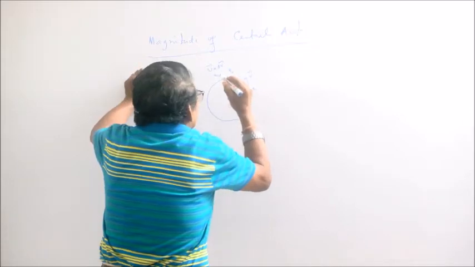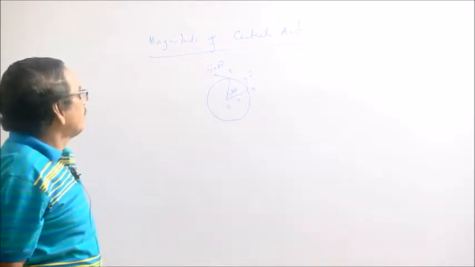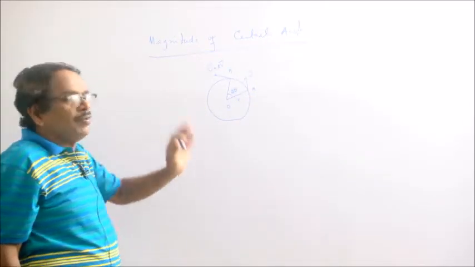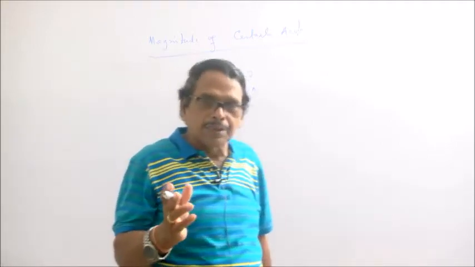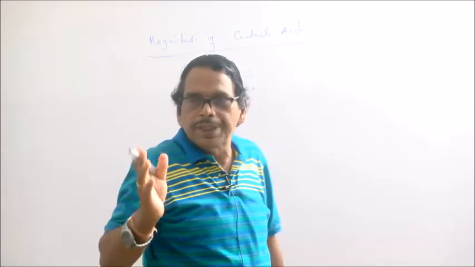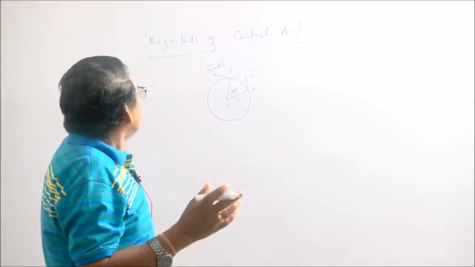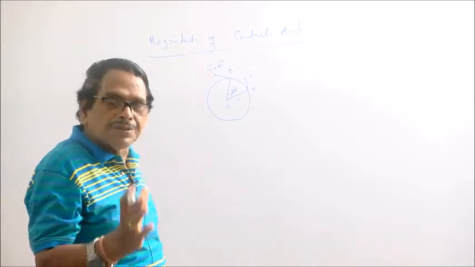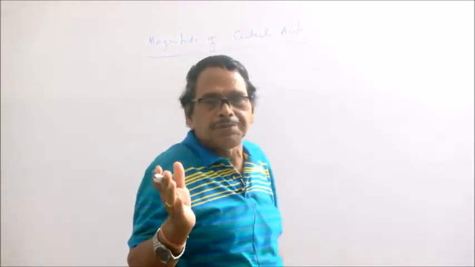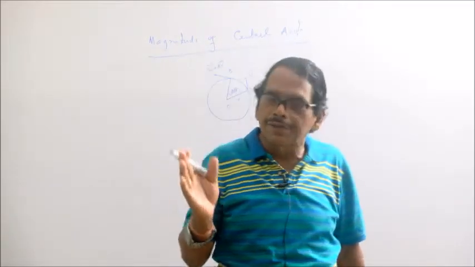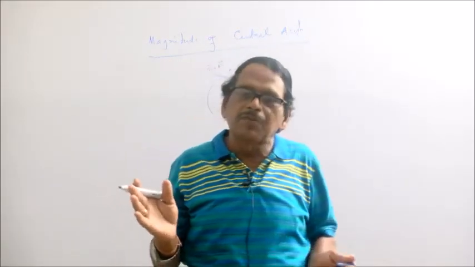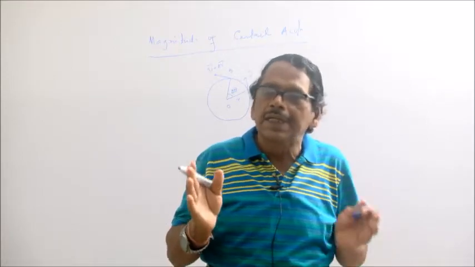The radius of the circular path is R. So, the body is moving over a circular path with center O and radius R. The velocity of the body at A is V, and at B it is V plus delta V. So, when the body moves from A to B, the change in velocity is delta V. Suppose the time taken by the body to go from A to B is delta t.